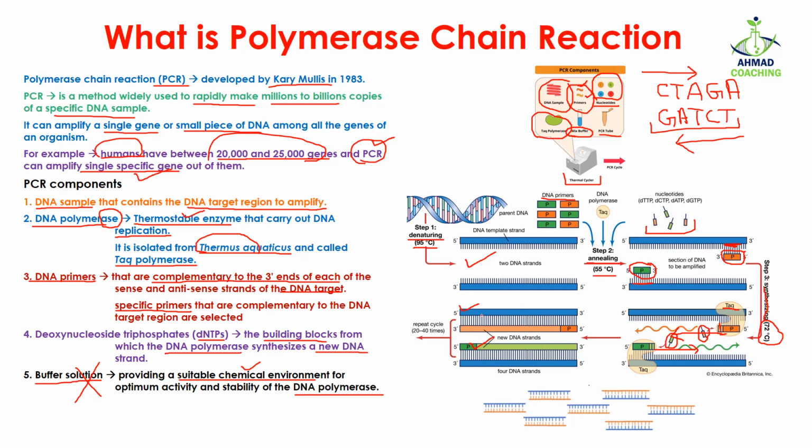This cycle is repeated 20 to 40 times, and after this we will have so many copies of this original DNA molecule. Here you can see that we have many copies of our desired DNA. So this is how the polymerase chain reaction helps make millions to billions of copies of a specific DNA molecule.